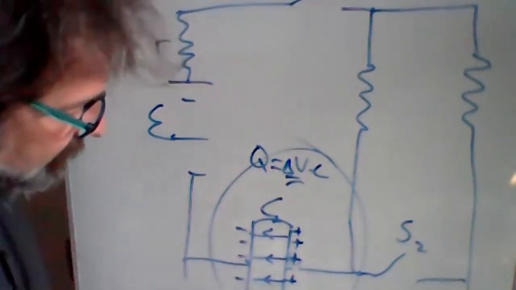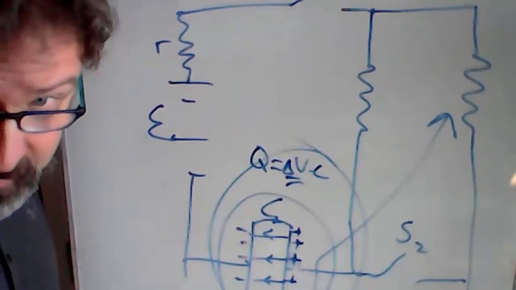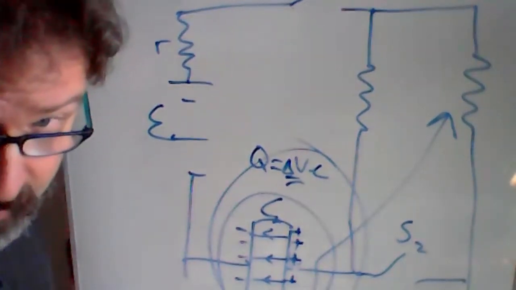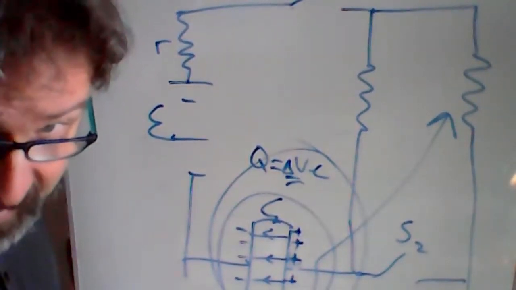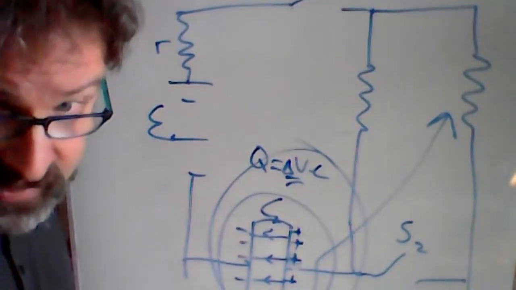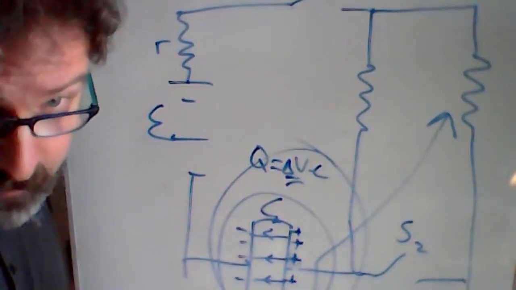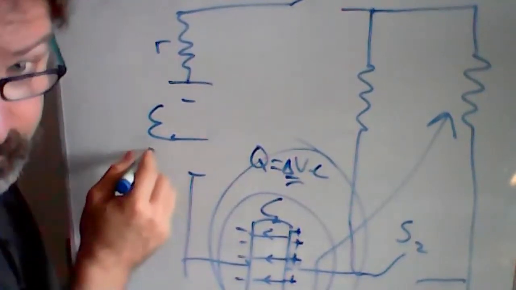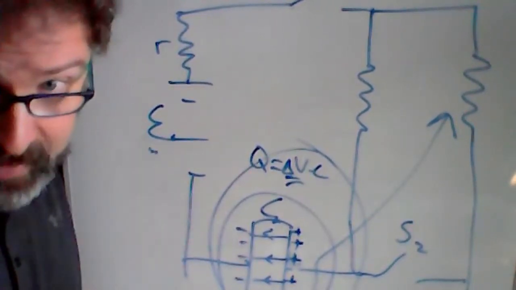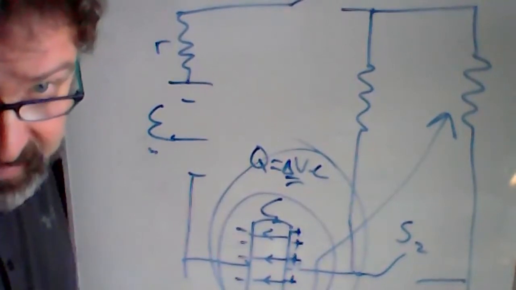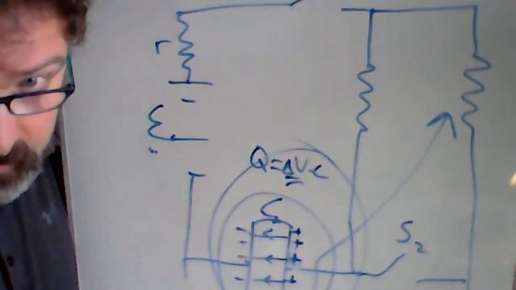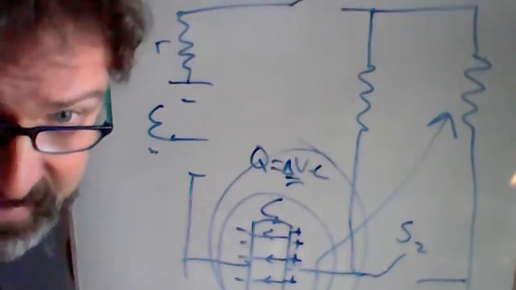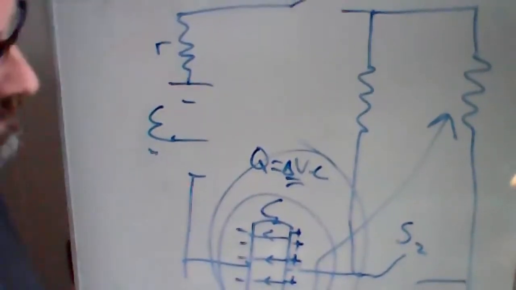If we had placed this capacitor there, then there would be still some current flowing even after the capacitor is full. And then therefore, the voltage drop would not be the full voltage drop of the battery in steady state. Okay? Does that make sense? Yeah. Okay, good.